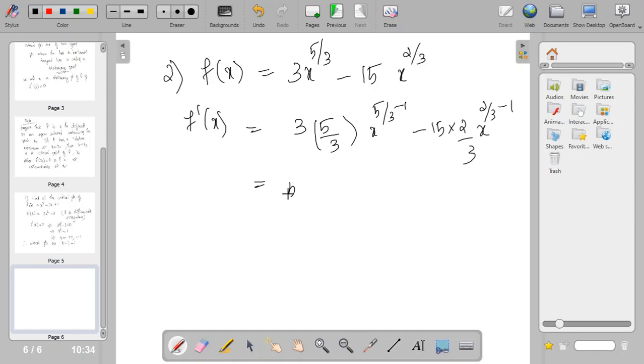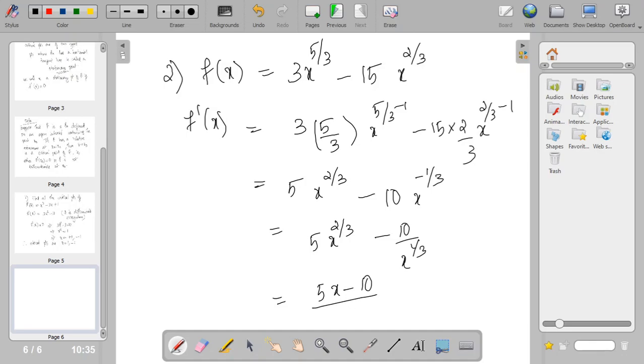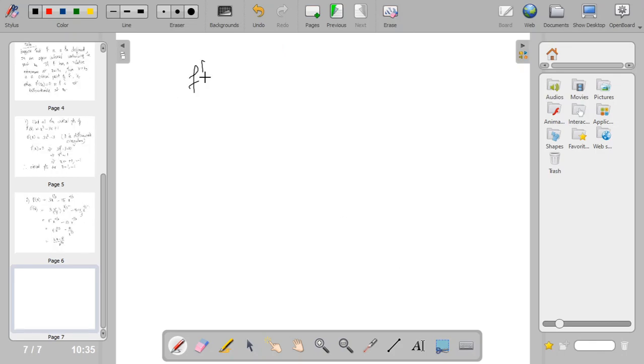So that will be 5 x raised to 2 by 3, minus 10 x raised to minus 1 by 3. So that is 5 x raised to 2 by 3 minus 10 by x raised to 1 by 3. So that will be 5x minus 10 by, common denominator, x raised to 1 by 3. So therefore f dash of x is 5 into x minus 2 by x raised to 1 by 3.